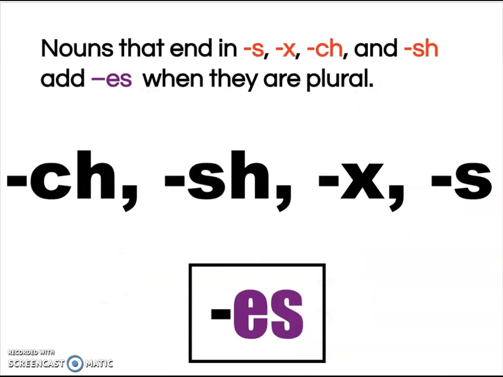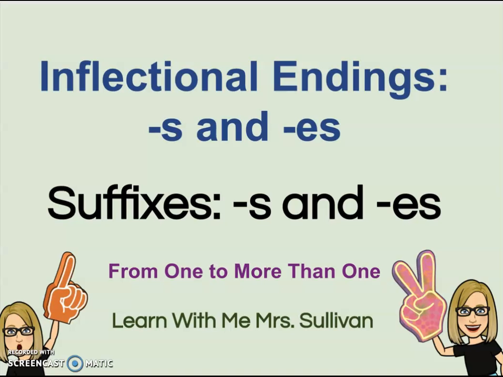So remember, if we see ch, sh, x, or s, we know to add an es. If we're reading and we hear those sounds toward the end, that helps us to understand that those words are in fact plurals.